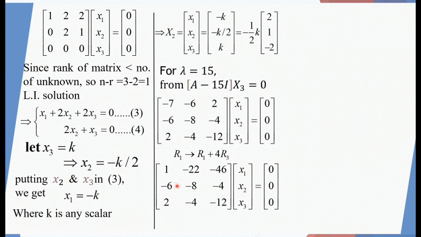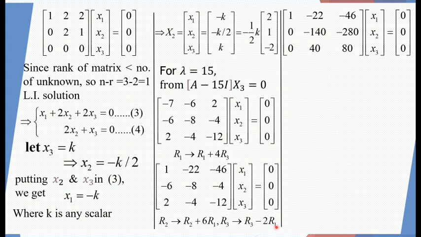Now make these two elements 0. So we can apply operation as R2 as R2 plus 6 time of R1 and R3 as R3 minus 2 time of R1. So after applying the operation, we get 1, minus 22, minus 46 as it is, minus 6 plus 6 is 0, minus 8 and this will be minus 132.